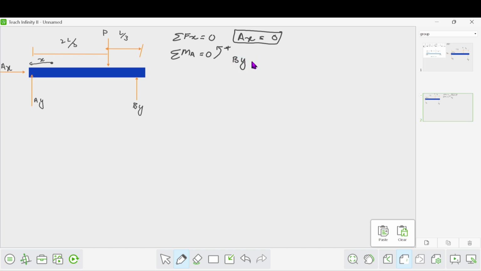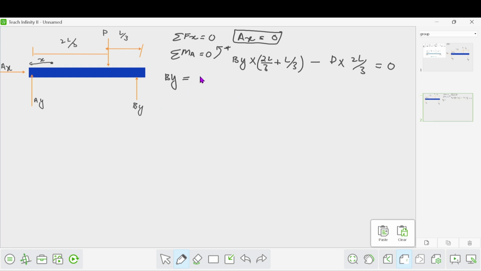By multiplied by 2L divided by 3 plus L divided by 3, which is L, minus P multiplied by 2L divided by 3 equal to 0. So By will equal 2PL divided by 3, whole divided by L.